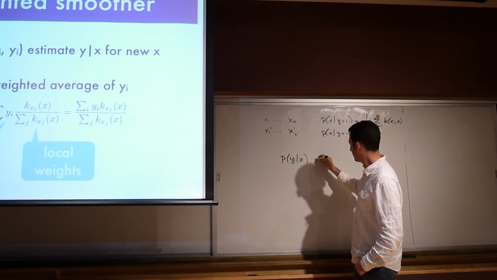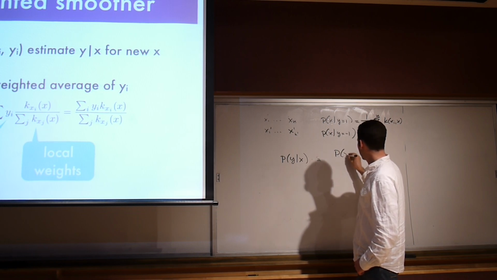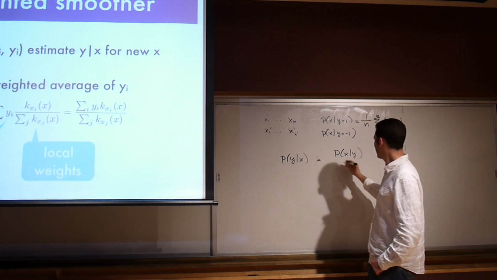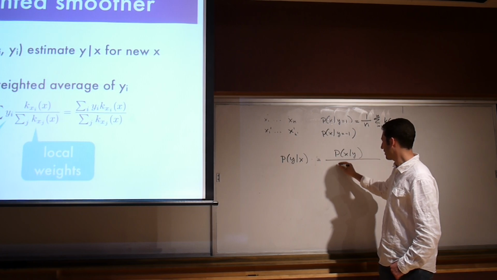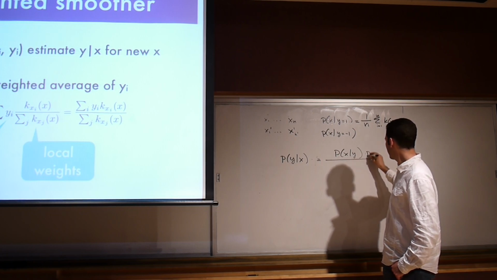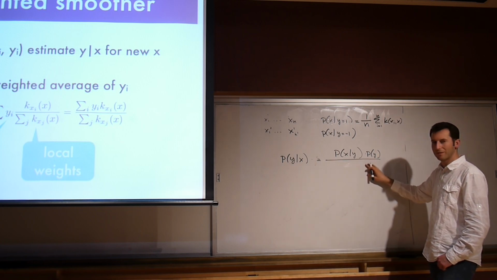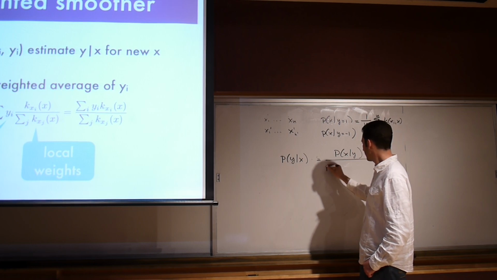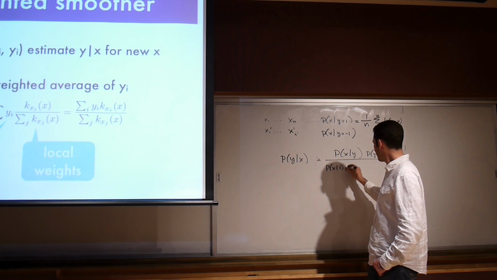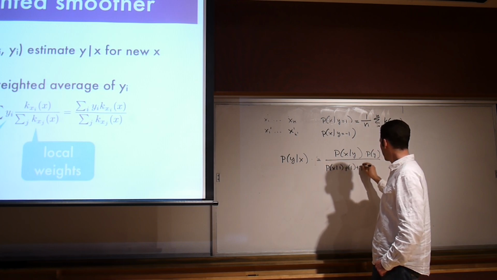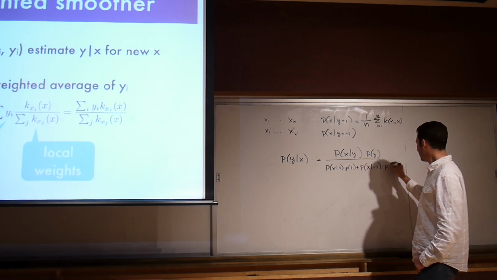This equals p of x given y times p of y, divided by p of x. So that's p of x given 1 and p of 1, plus p of x given -1 and p of -1.